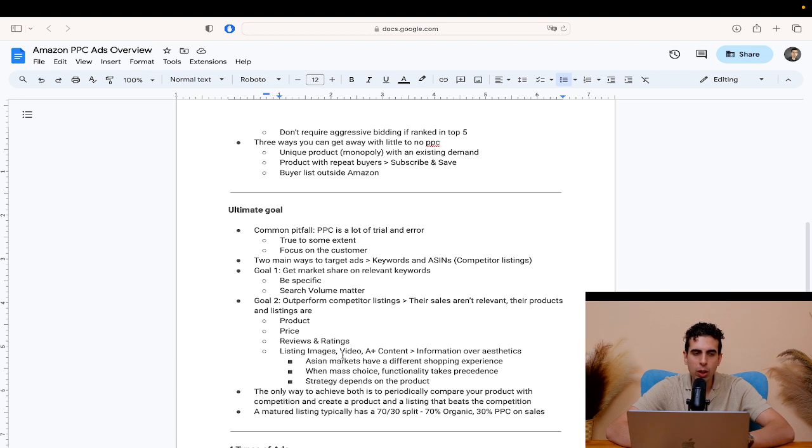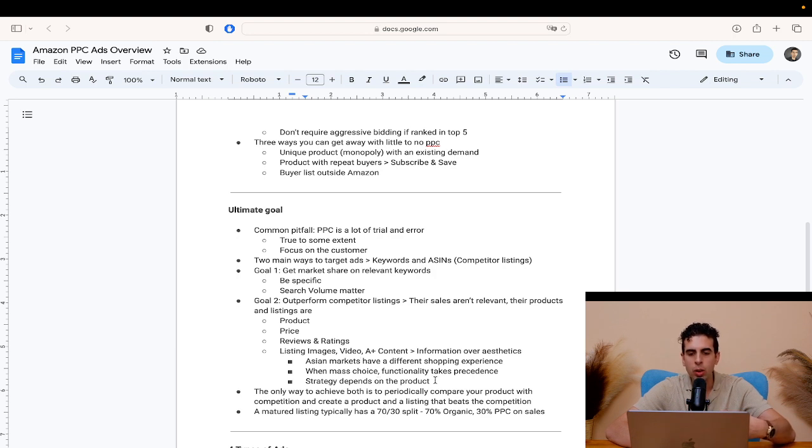If you look at some of the Asian marketplaces, they have a very unique and completely different shopping experience to what you see on Amazon. The reason is they've become more sophisticated, and if you see some of the listings there, there's very little focus on the aesthetic side of it.